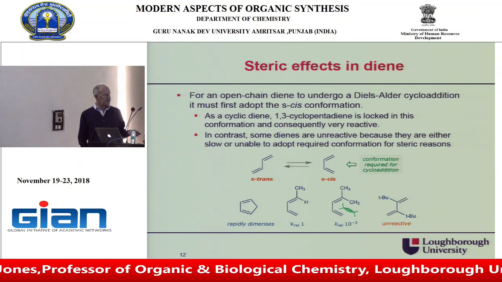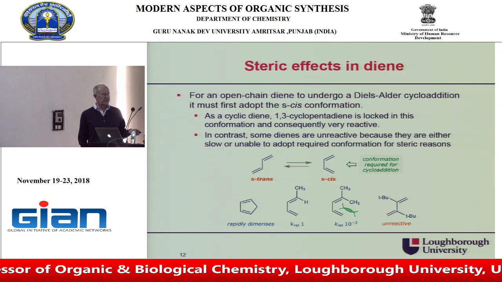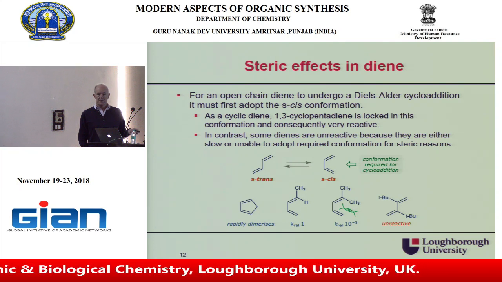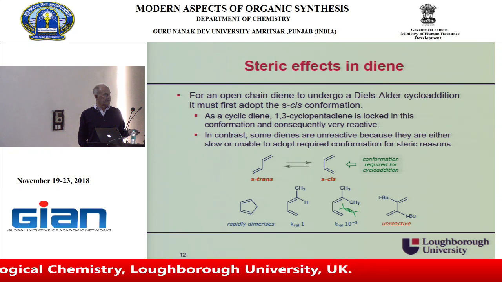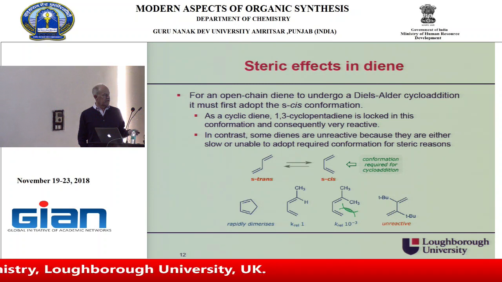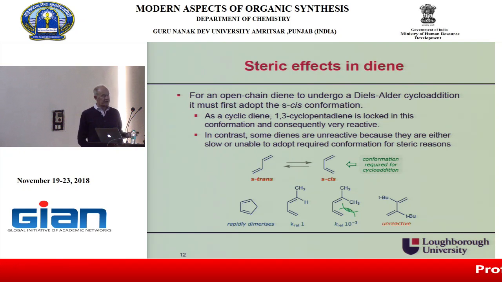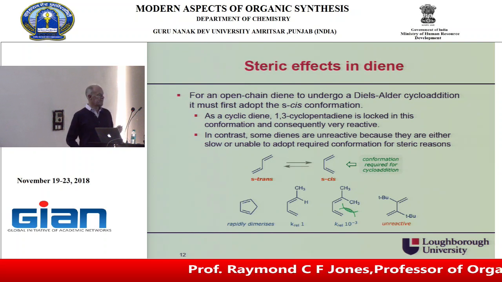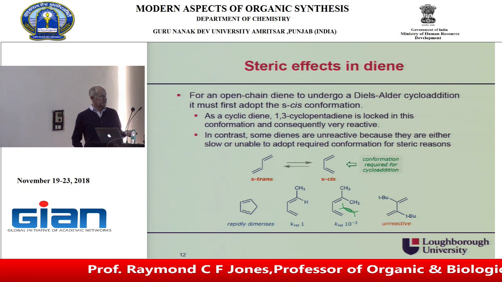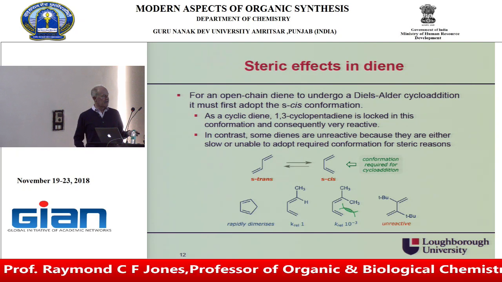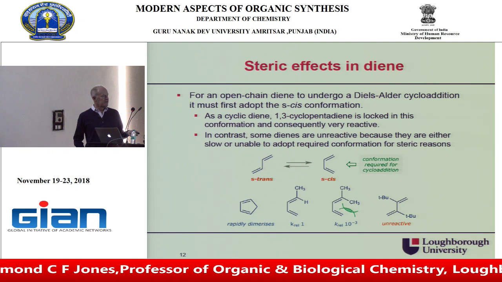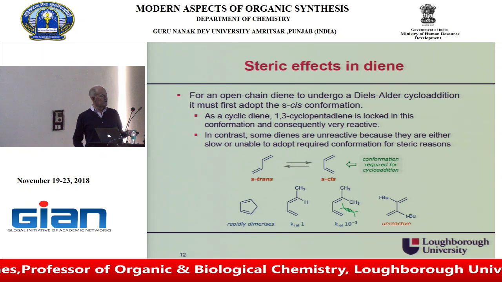But this dimerizes very rapidly, and if you ever want to use it in a reaction, you have to warm the commercially available dimer of cyclopentadiene to 60 or 70 degrees to get some of the monomer. You can distill it out and use it, but you must have something to react with it straight away before it re-dimerizes. So that's a very fast diene in Diels-Alder reactions, such that you even have to make it from its own Diels-Alder product before using it.